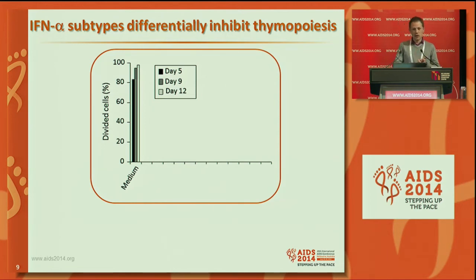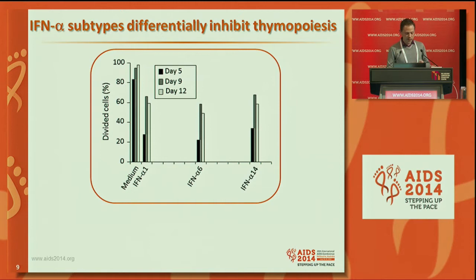We can class the interferon alpha subtypes into 3 families. First, interferon alpha 1, 6, and 14 have a very light effect on thymocyte proliferation.